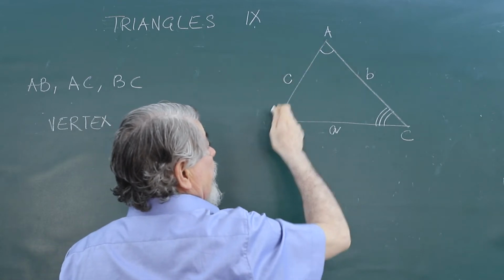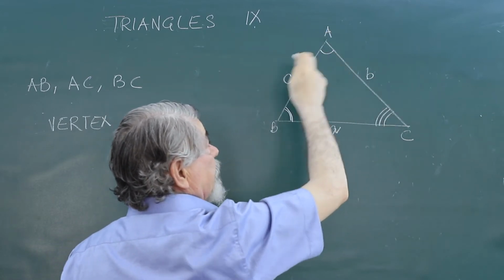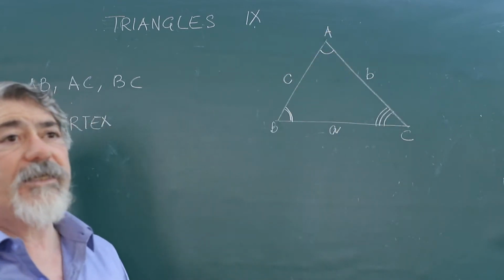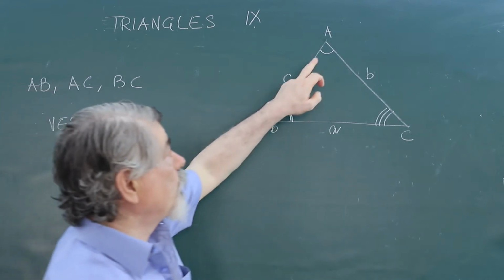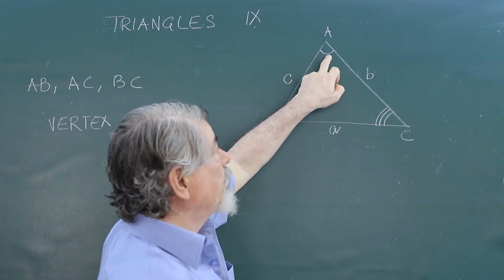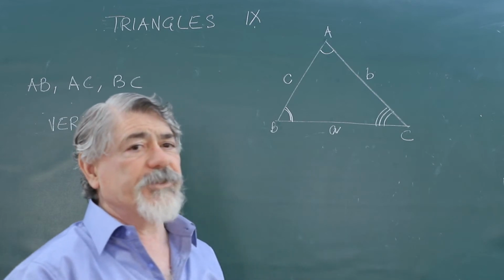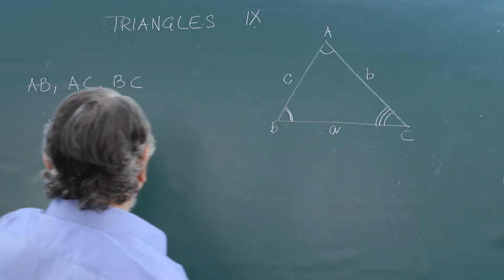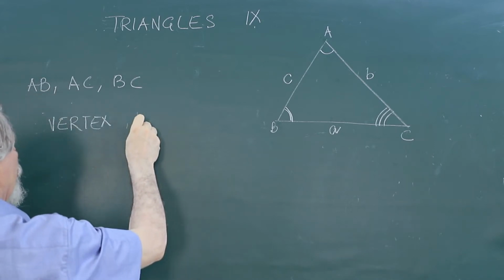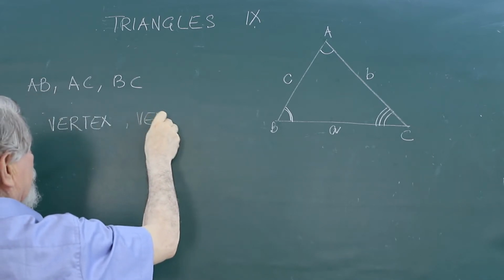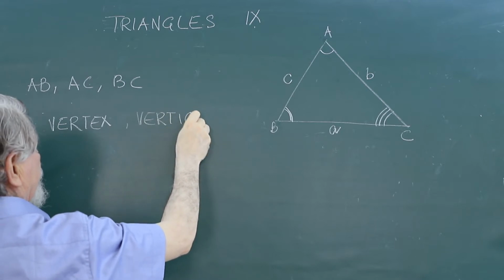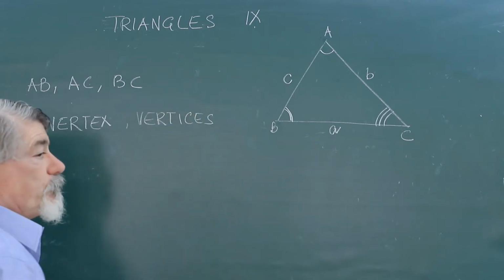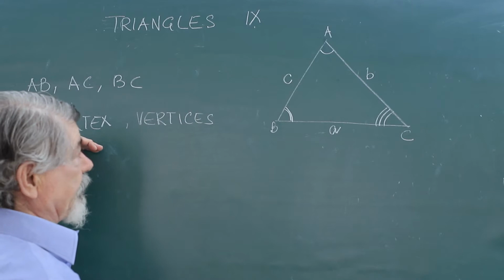So AB and AC are meeting at point A and forming the angle A. This is called angle A also, but generally angles should be represented by three alphabets. Vertex is singular, vertices is the plural of vertex.